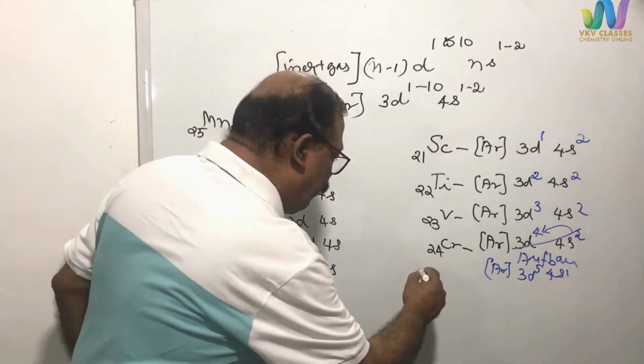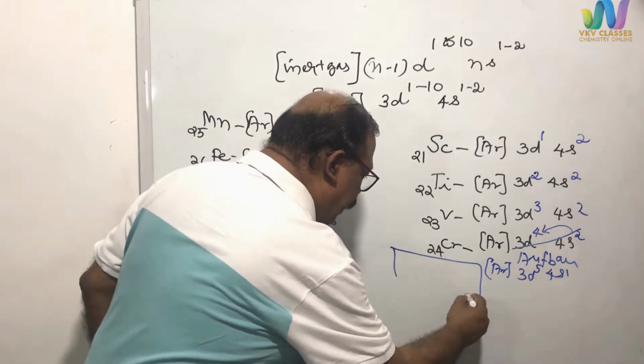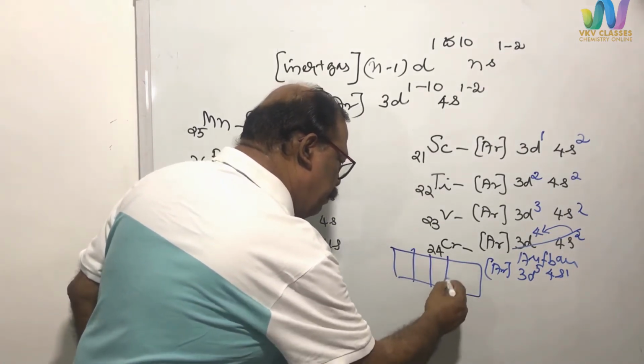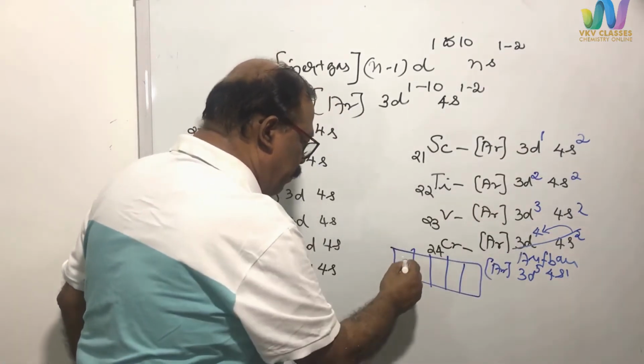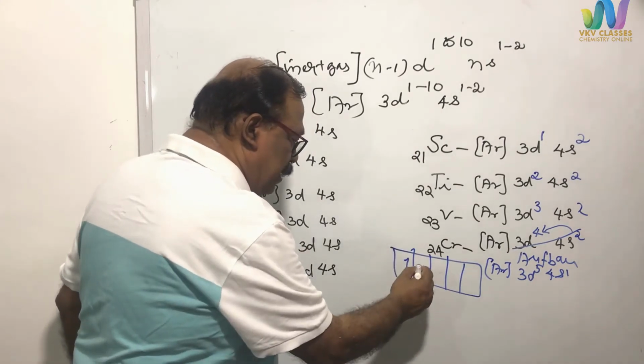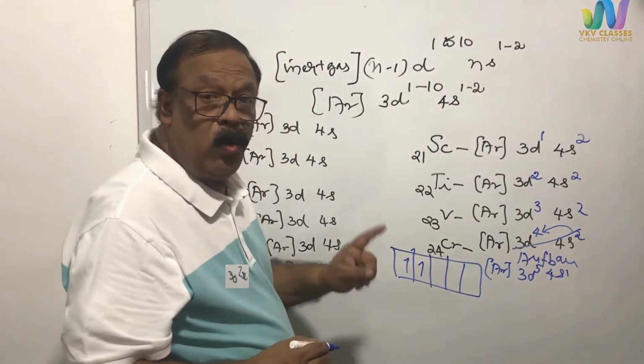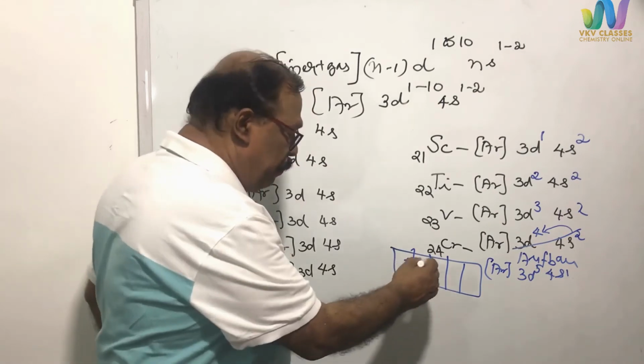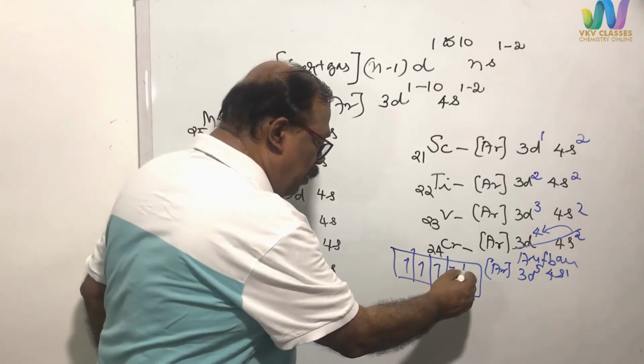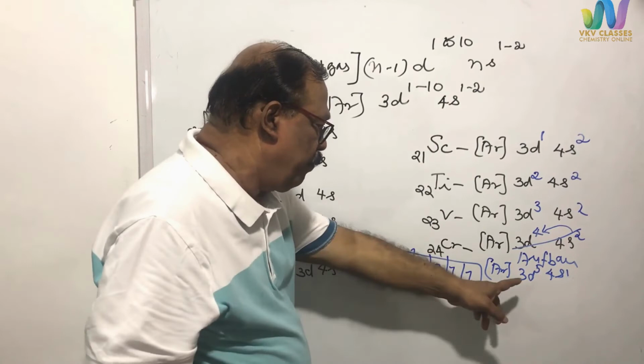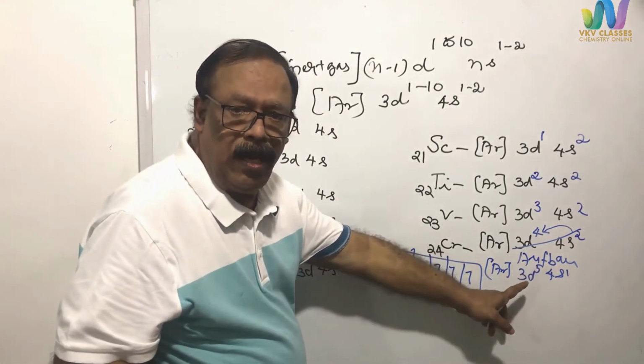If you have the box type diagram, for scandium, 1 electron will go here, the 2nd electron will go here according to Hund's rule, not pairing up. So the 3rd, 4th, 5th. So in chromium, we have 5 electrons in the d orbital.